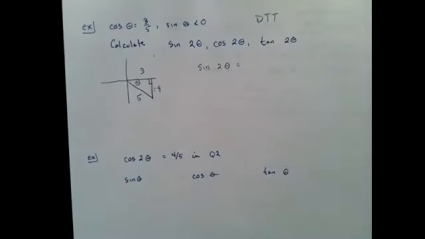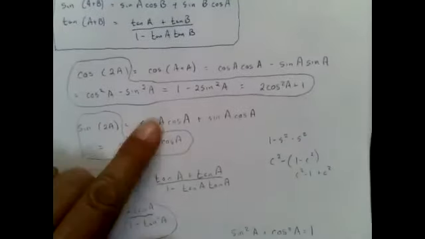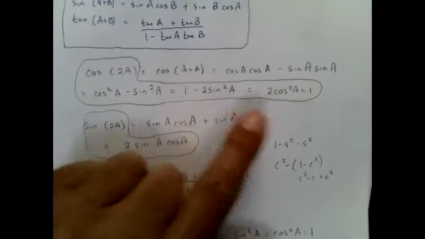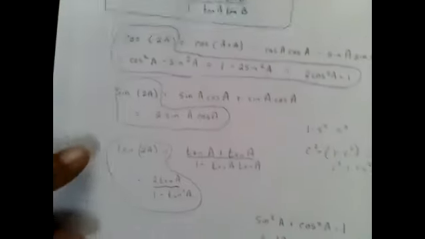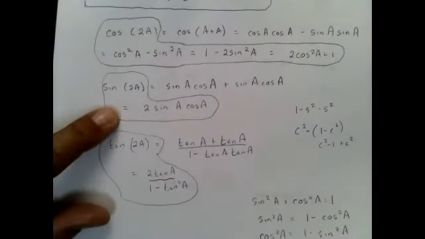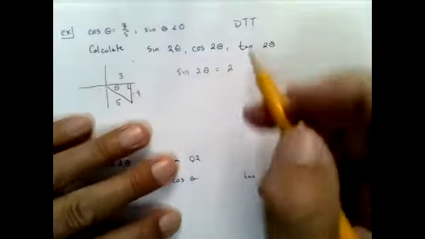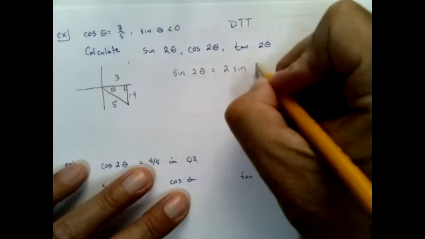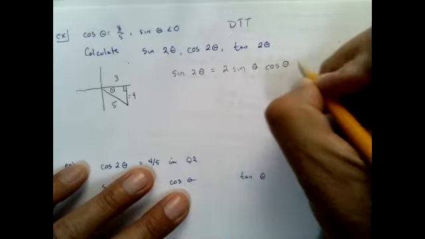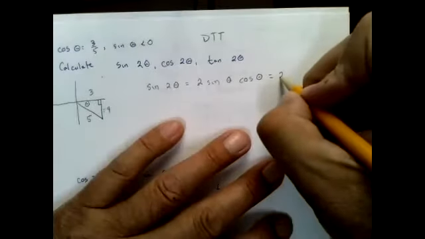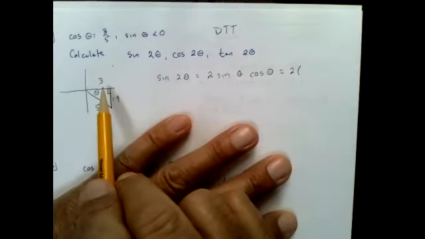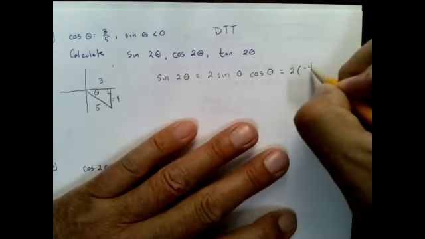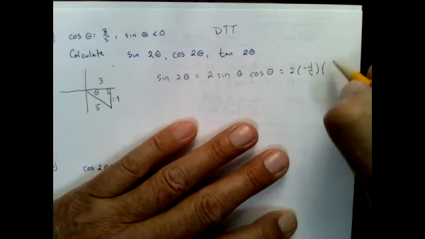I had several formulas that I could use. Sine of 2 theta equals 2 times the sine of theta times the cosine of theta, which equals 2 times, the sine is -4/5, the cosine is 3/5.